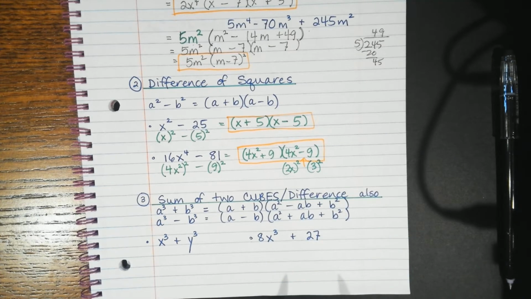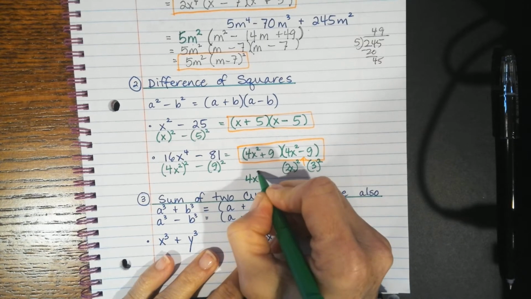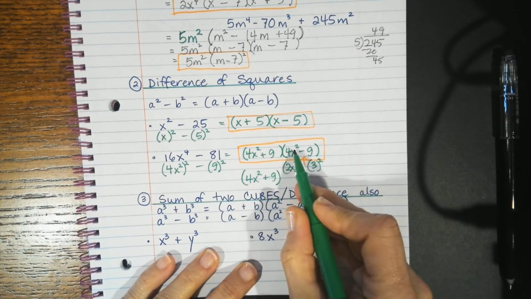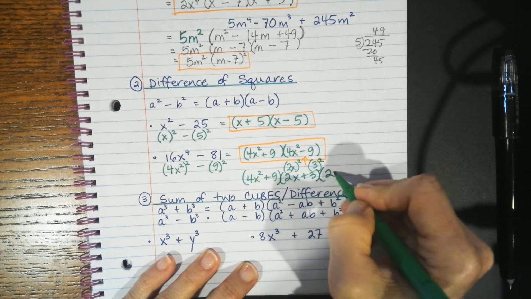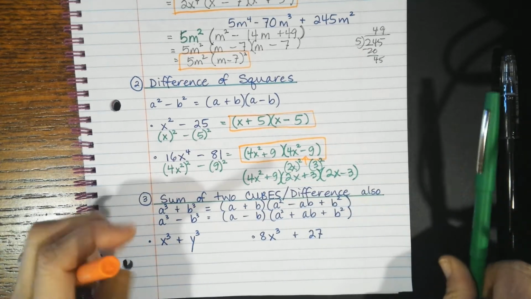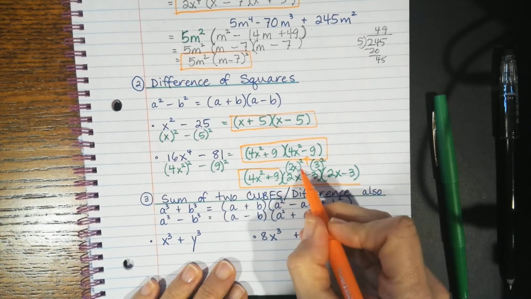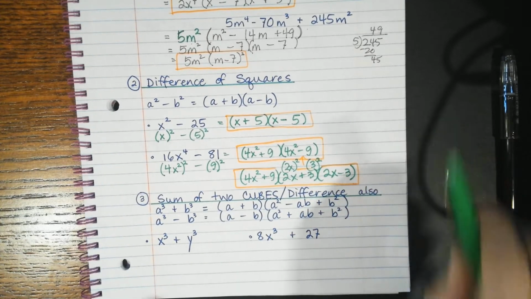So what you can do actually is do one more step. You'll have 4x squared plus 9 here. You can't break that down anymore. But this one is going to be 2x plus 3 times 2x minus 3. So you must keep going, actually. Just wanted to show you how that broke down. And that is the difference of squares.